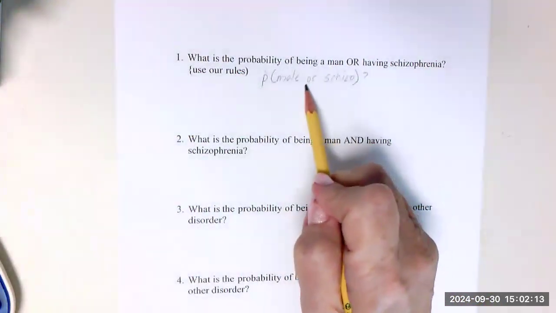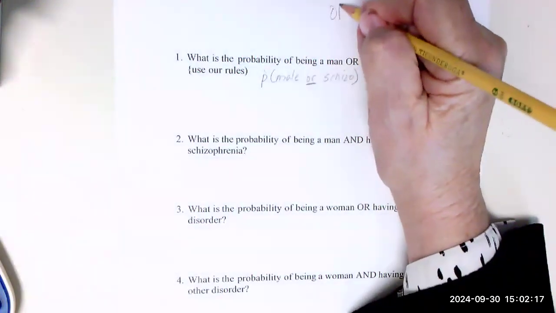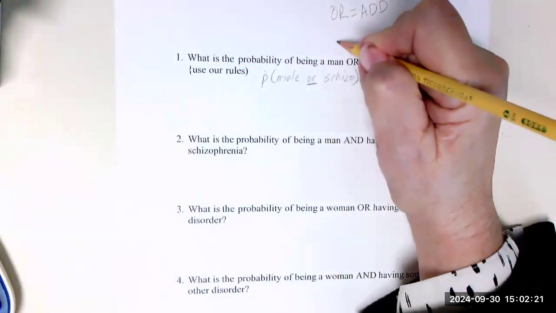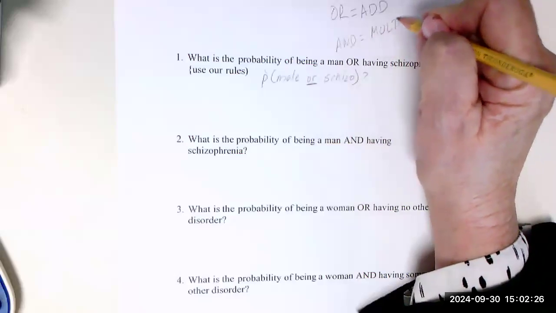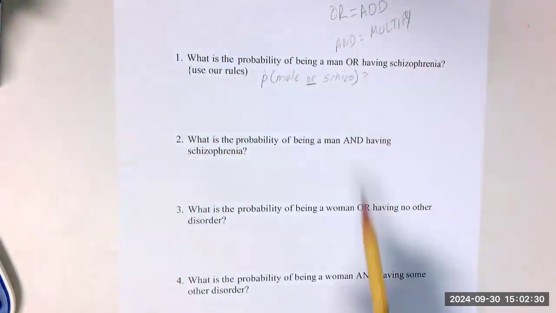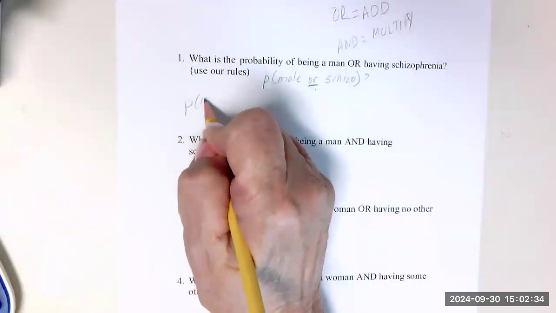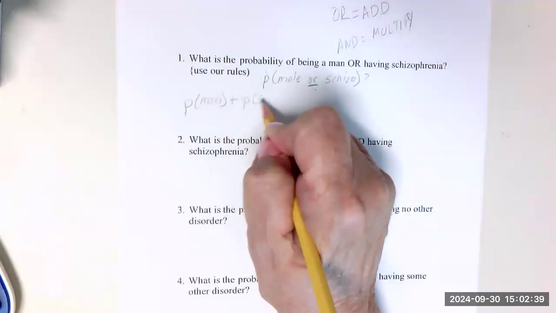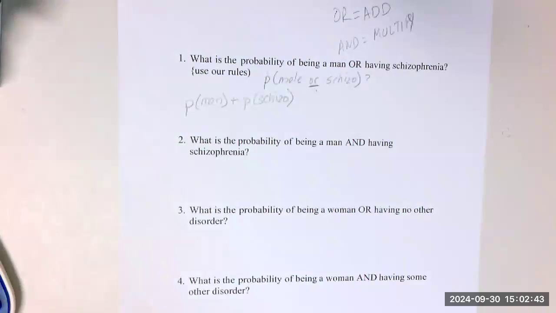First things first, it's an or. Remember, as I've been saying over and over, or means use the addition and and means use the multiplication. So that's addition. We're going to set it up: the probability of being a man plus the probability of having a schizophrenic diagnosis, and we just add them together.